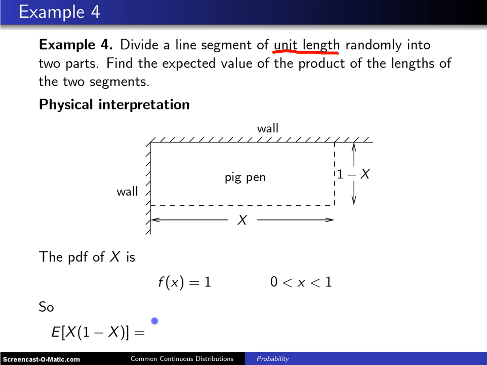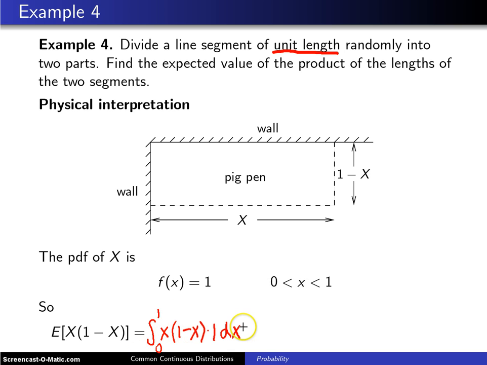Well, to find that expected value, we integrate, and of course the x times 1 minus x simply gets copied in right here. It gets multiplied by the probability density function, which is 1. And that function is integrated over the support of x, which runs from 0 up to 1.